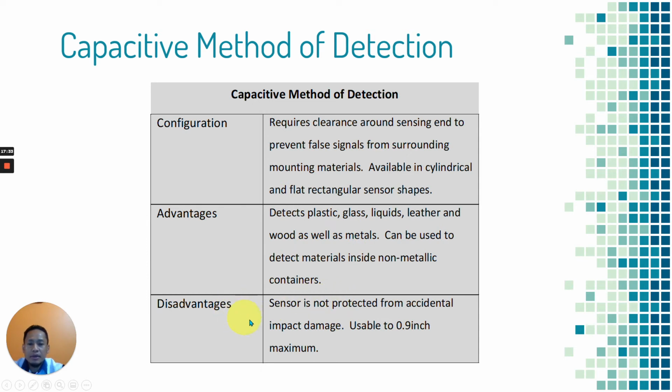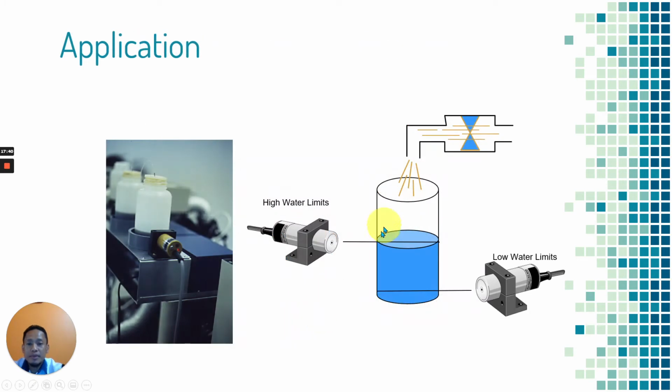However, the disadvantage is the sensor is not protected from accidental impact damage, so it's easy to break. For example, we use it in the reservoir to detect the water level, water limit. So we are using a capacitive sensor both at the higher level and lower level. When the water fills up this tank, this sensor can detect the water level, either low level or high level.